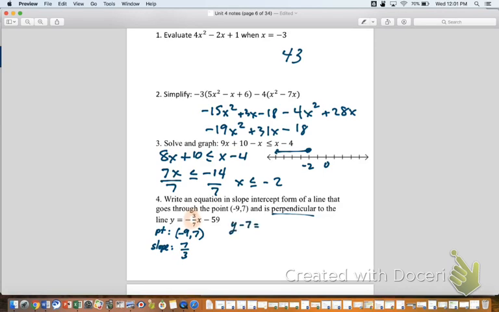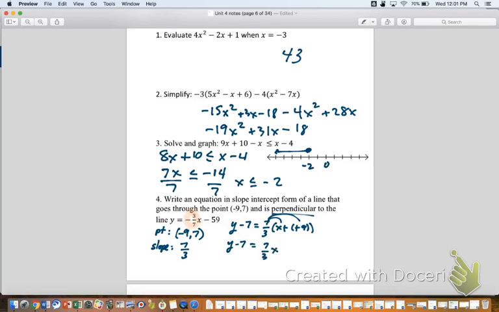So it would be y minus 7 equals 7/3 times x minus negative 9. Of course, that's really plus 9. And then do you guys do a distributive property to get this going? Okay. So when you distribute the 7/3, you get y minus 7 equals 7/3 x.